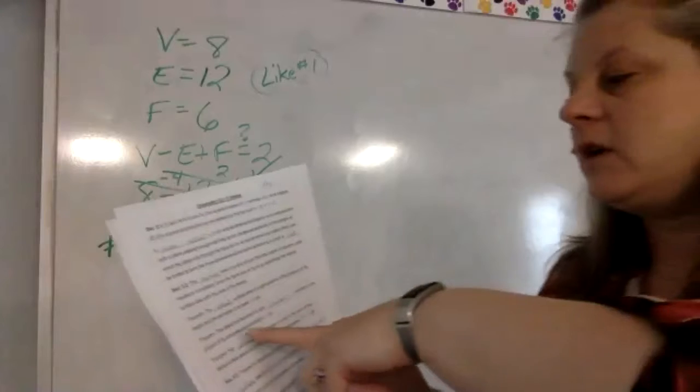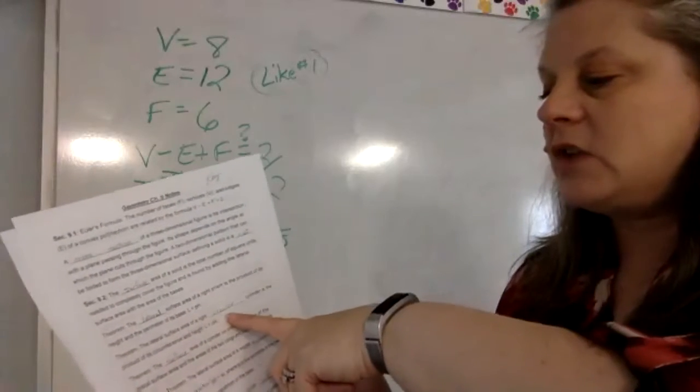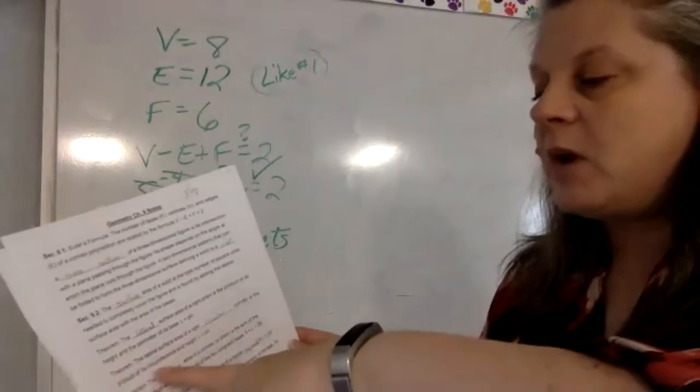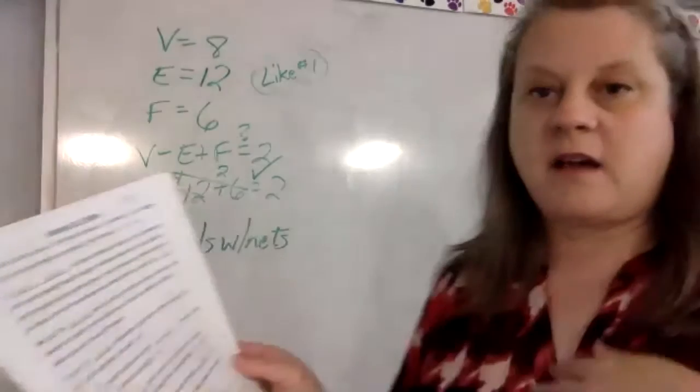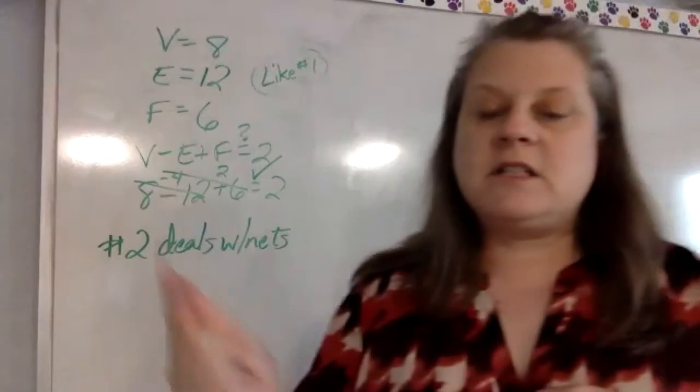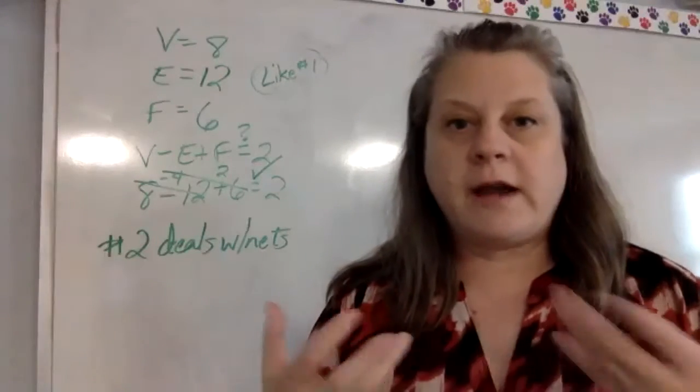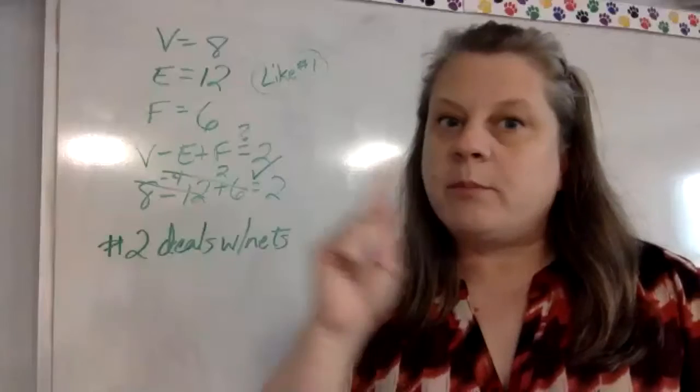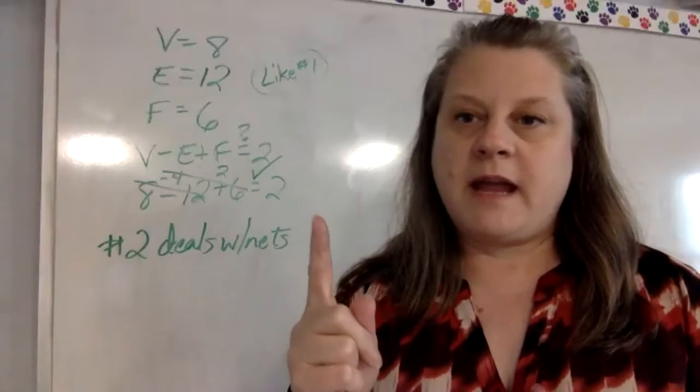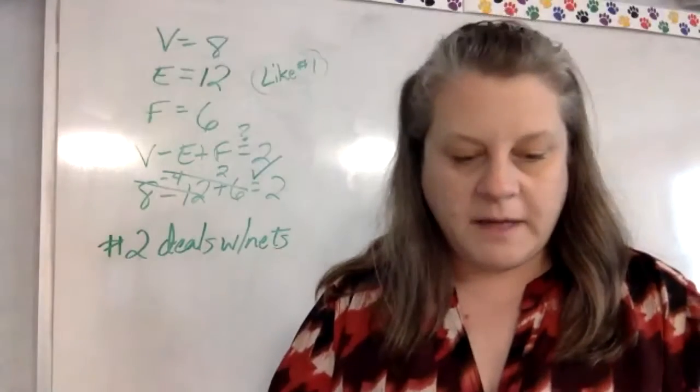Now you'll notice the lateral surface area of a circular cylinder is the product of its circumference and its height. Circumference is just the word for perimeter for a circle. So you're still taking the perimeter distance around the base and multiplying it by the height.